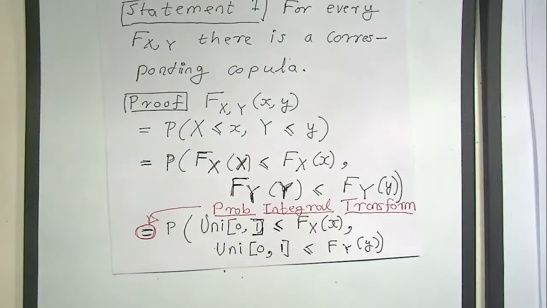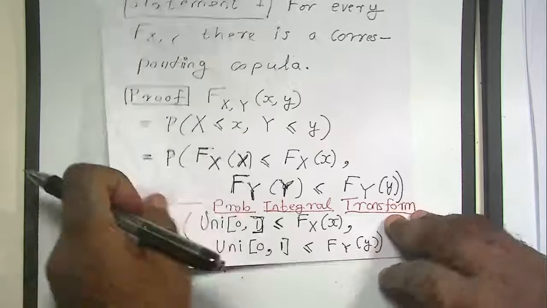It says that if you have a variable X, and F_X is the CDF of X, then F_X(X) is a uniform random variable. Okay, so that's what I have used. From this line to this line, I have used the probability integral transformation, which you might know or might not know. If you don't know it, just try to remember it.